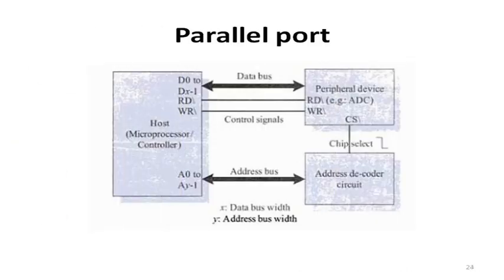The next one is parallel port. So in the parallel port, according to the block diagram, we can see there the data line. Depending on how many bit data we want to transmit, that many lines should be connected from the master to slave. There is an address bus also required.